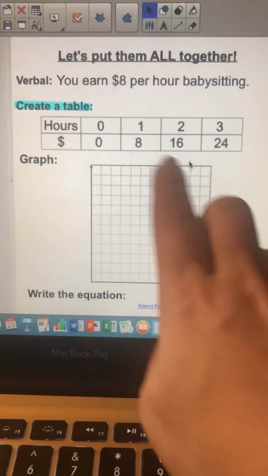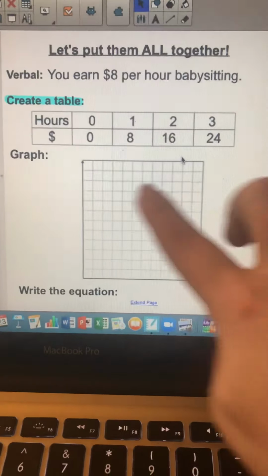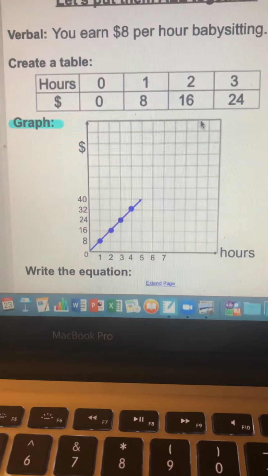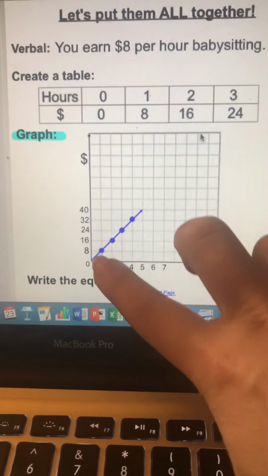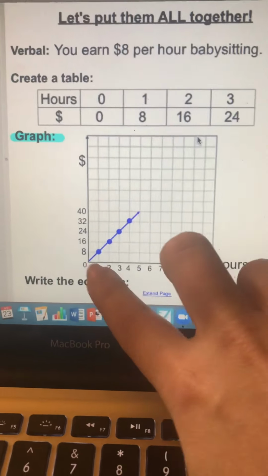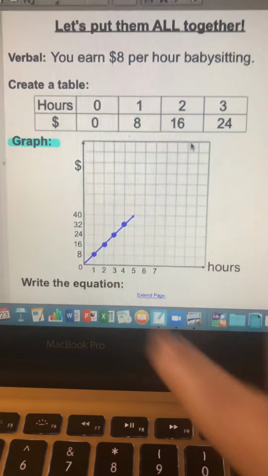Then you're going to be asked to graph it. So these are your points, 0, 0. Then you would have 1, 8, and so on. Your graph would look something like this, okay? We would say that this graph is proportional. Why? Because it's linear, which is a straight line, and it goes through the origin, which is 0.